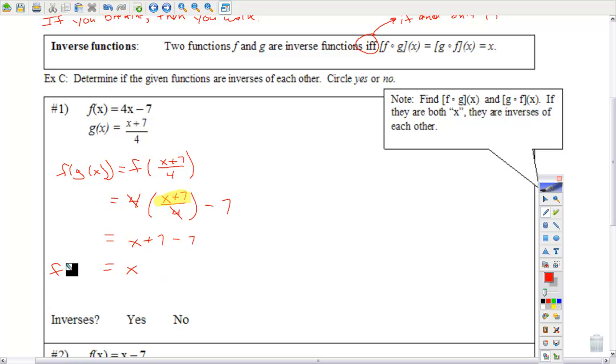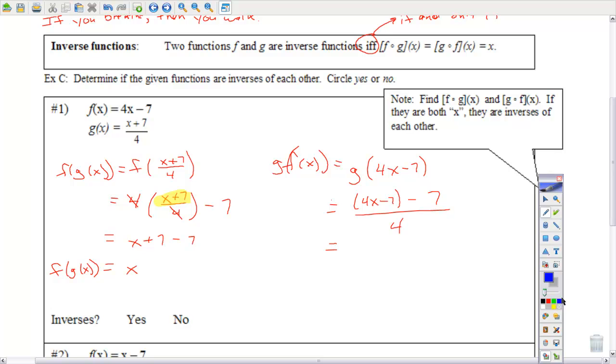So are these functions inverses? Don't know yet. We have to make sure that g of f of x also equals x. F of x is 4x minus 7. So I'm putting 4x minus 7 in place of my x's into function g.